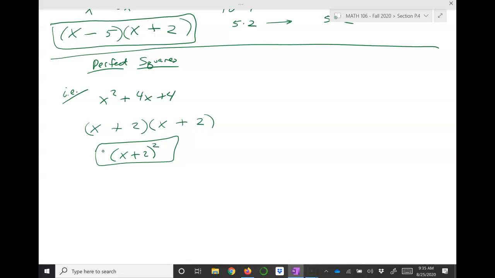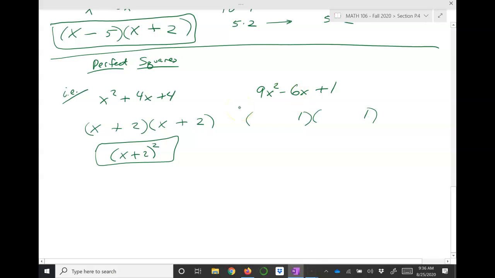Just one more. 9x squared minus 6x plus 1. Now this was a little difficult because now we have a 9 out there in the front. But if you can identify it as a perfect square, right? If you could see that, well, these have to be 1, right, to get that last term to be a 1. So the only way I'm going to get 6 in the middle is if I have the factors of 9.